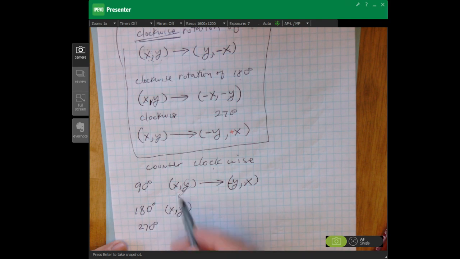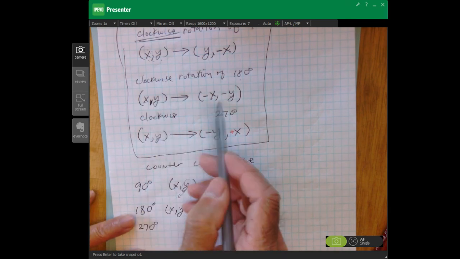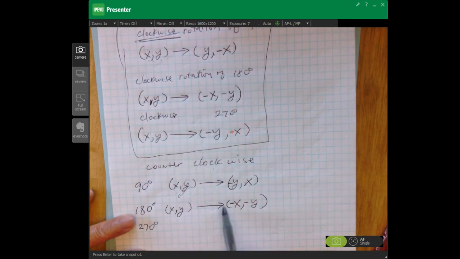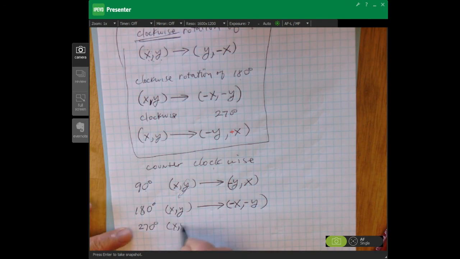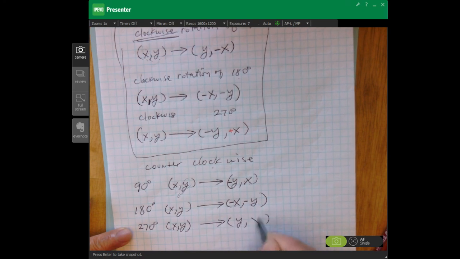If it's 180 degrees, you do that change twice, and it'll be back to x, y, both of them negative. Notice 180 is the same. It doesn't matter which way you go. It's the same for both of them. 270, it'll switch again, y and x.